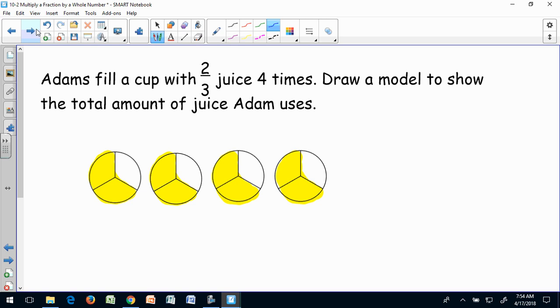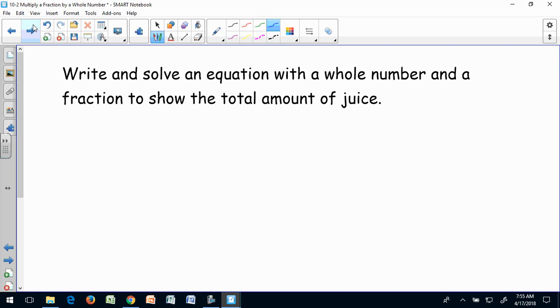So I get 8/3 cups of juice. Now write and solve an equation with a whole number and a fraction to show that. Pause the video and solve that now.